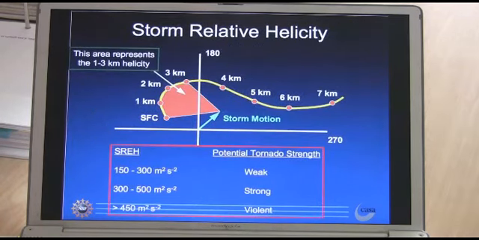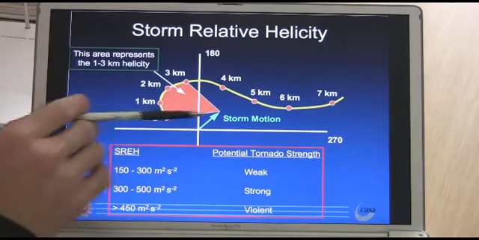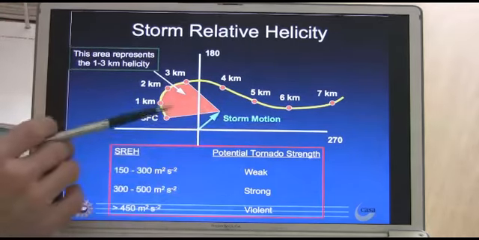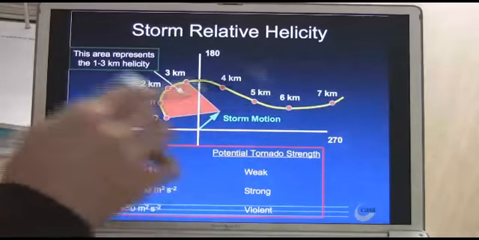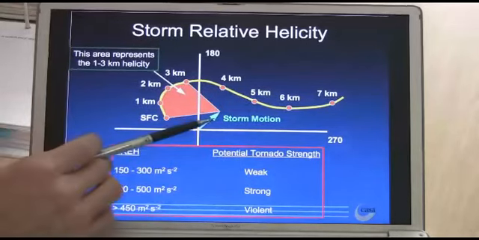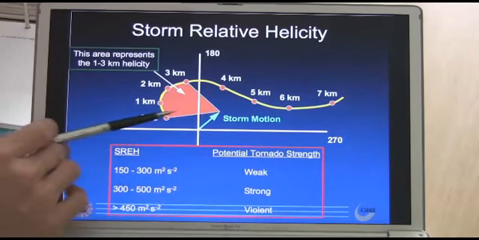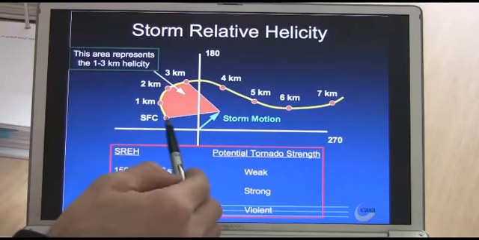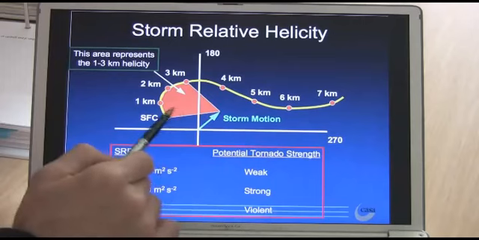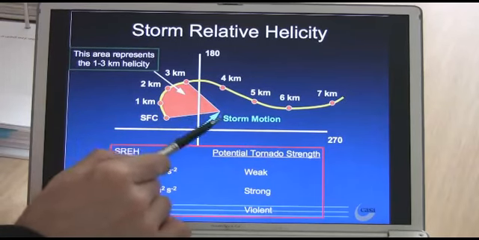Okay? So here's how we get the storm relative helicity on a hodograph. So here's our hodograph. The curve is shown with the yellow curve. The altitudes are labeled. All right? Storm motion is shown here in this green arrow. And so the storm relative winds at the surface are shown, I don't have it drawn as a vector arrow, but as shown here. Storm relative wind vector there. We're doing this between 0 and 3 kilometers. So there's the surface. 3 kilometers is like this.